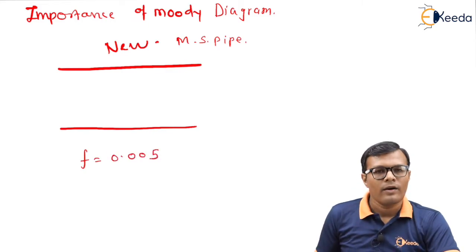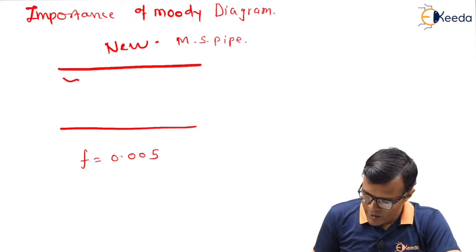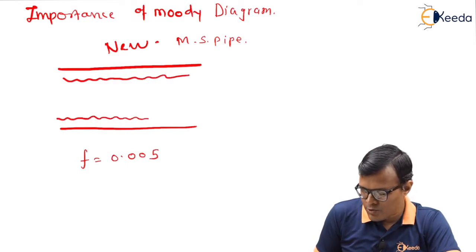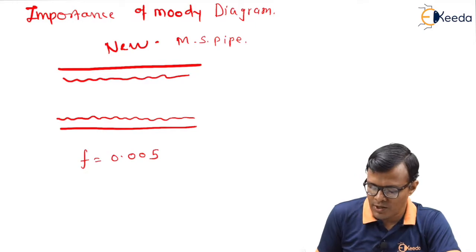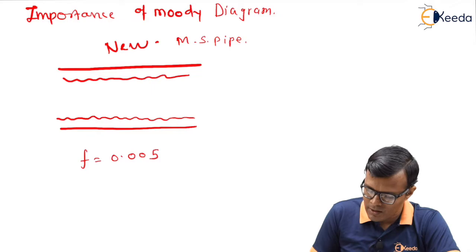0.005. Now it is clear that as years go on, due to aging, due to corrosion, this internal surface which was smooth initially will get corroded and now it will become something rough.